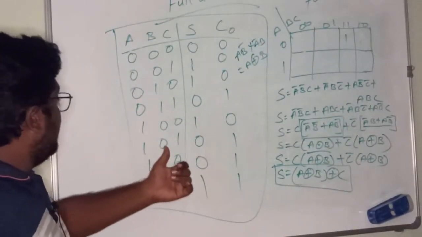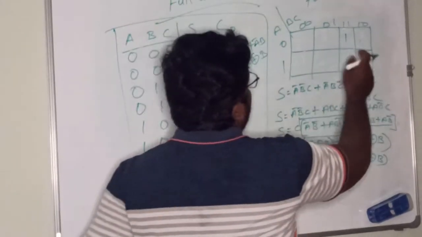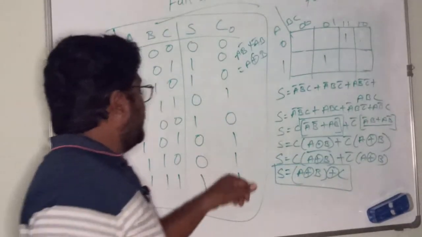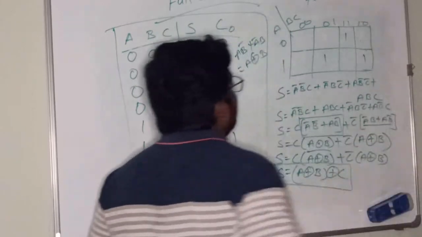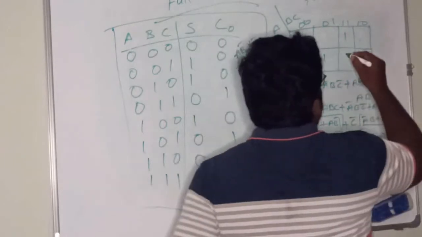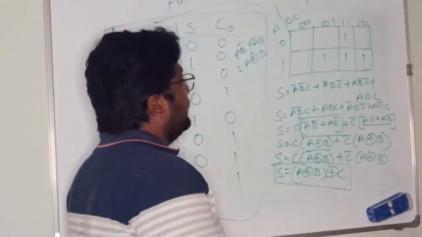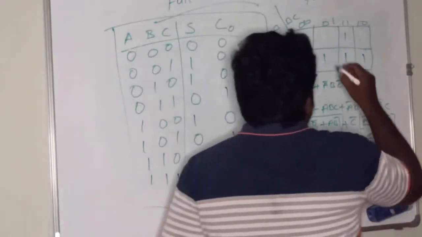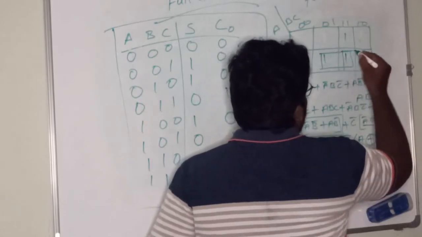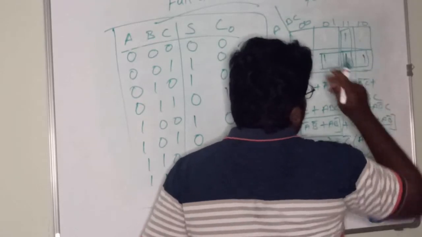And when it is 1, 0, 1, C0 is equal to 1. Next, when it is 1, 1, 0, carry is equal to 1. And next it is 1, 1, 1, carry is equal to 1. So by observing this, we can form 3 pairs here. This is the first pair, this is the second pair, and this is the third pair.